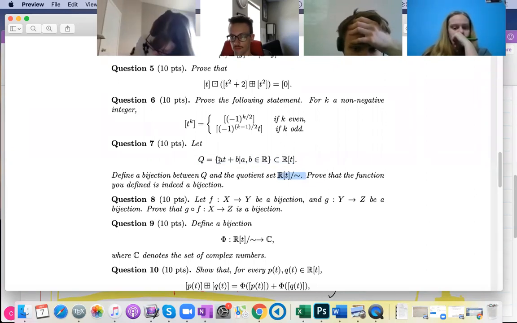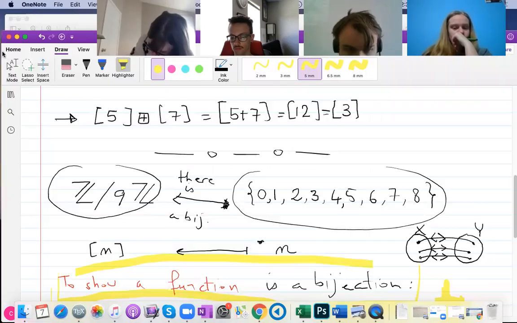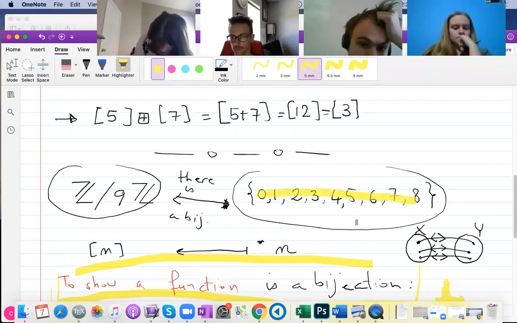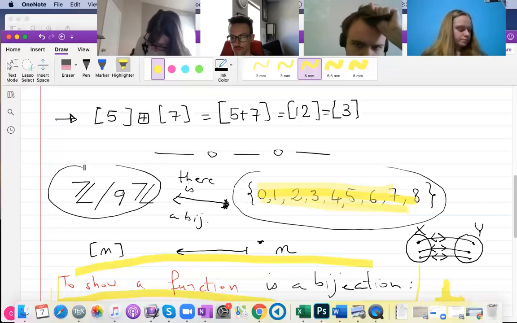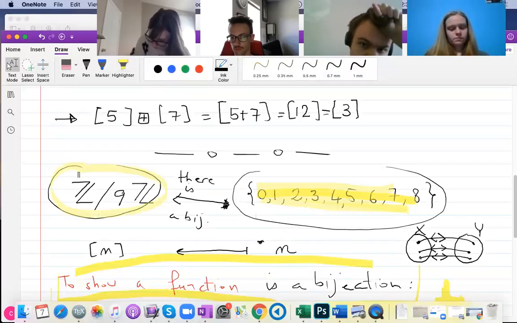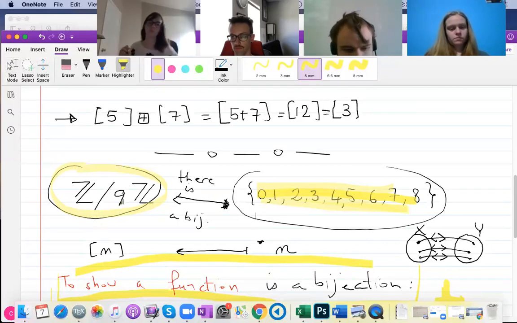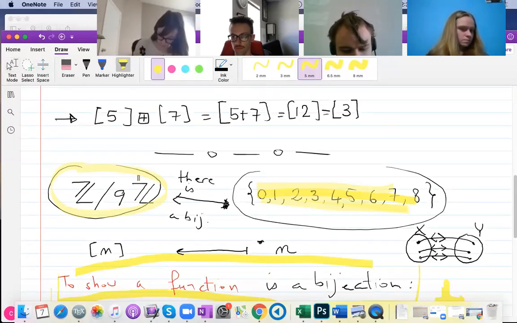And notice the analogy, right? This is a subset of all polynomials, just the same way that 0 to 8 is a subset of all integers. But what works here is that with this subset 0 to 8, you end up catching each equivalence class in Z mod 9Z exactly once. You catch all equivalence classes, and no two of these numbers between 0 and 8 are equivalent themselves.